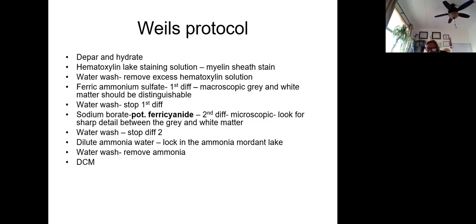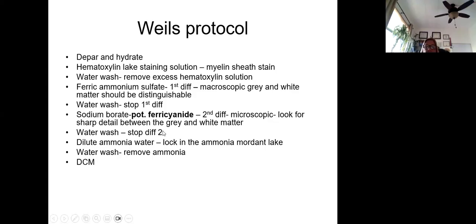Then you're going to go into sodium borate, potassium ferricyanide. This is your second differentiation, and this is your microscopic differentiation. So you want to pull out of your second, go into your water wash to stop that second differentiation. Take a look at it microscopically.